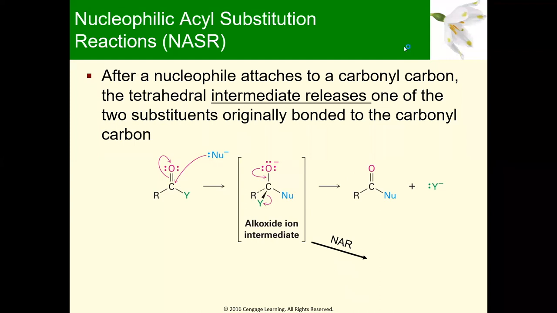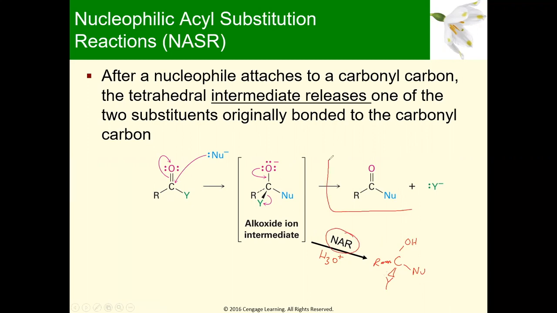Remember that in that case, if we had some acid present, like H3O plus, then it will just protonate this oxygen. And so you would end up with a carbon, and then an alcohol group. So this acid would protonate that oxygen. And so then you have your R group, and you have your Y group, and you have the nucleophile that's just been added. So that would be the nucleophilic addition reaction like we talked about last week.